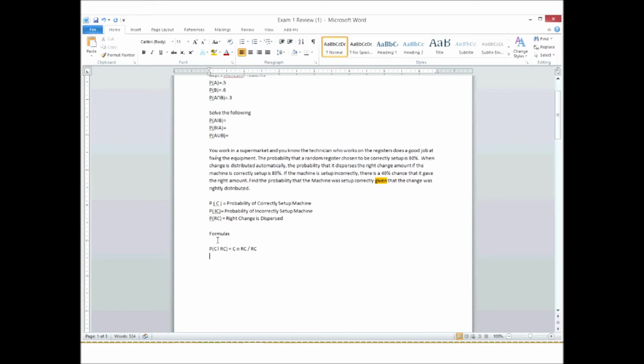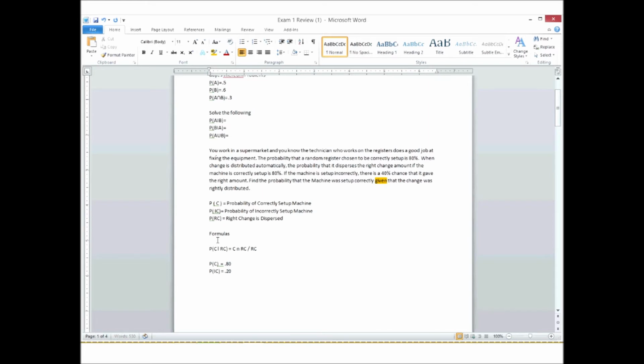You read in the problem, what is the information that they gave to us? They said the probability of correct is 0.80. So the probability of incorrect, which is the opposite of that, or complement, is 0.20.